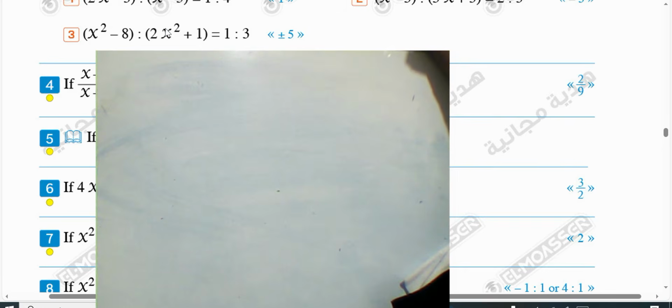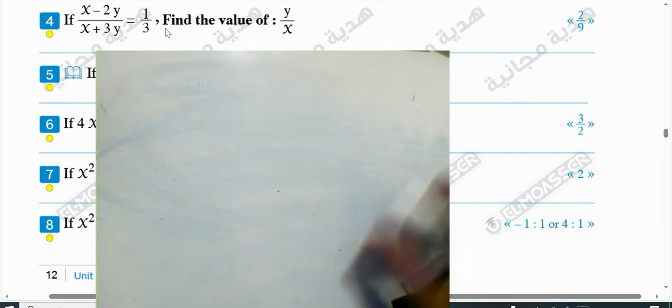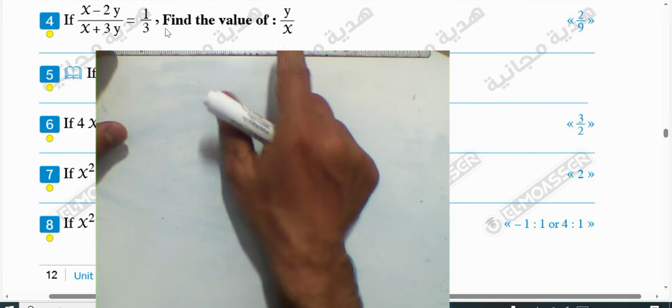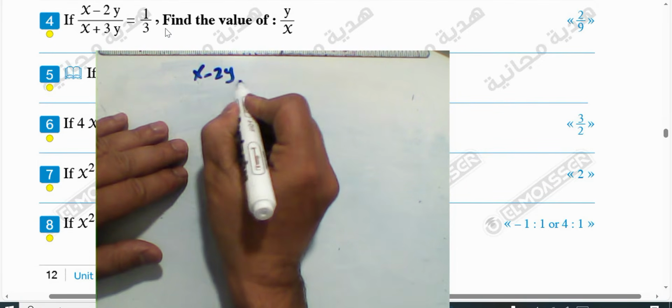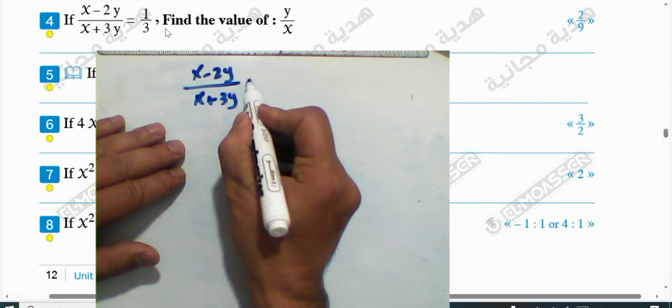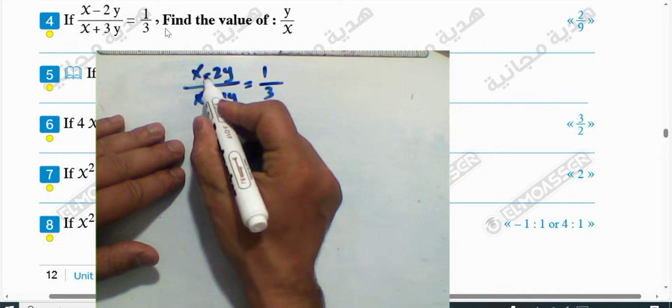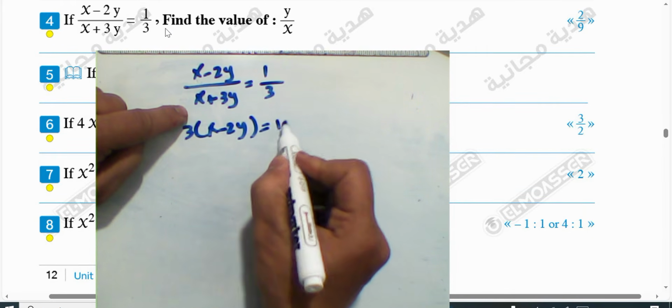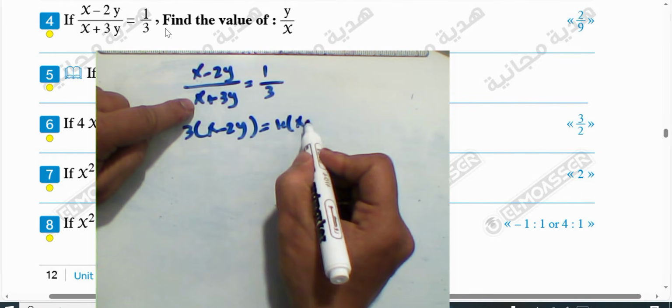Next question number 4. Find the value of y over x. We can simplify this expression. We have x minus 2y over x plus 3y equals 1 over 3. The product here, 3 times x minus 2y equals 1 multiplied by x plus 3y.